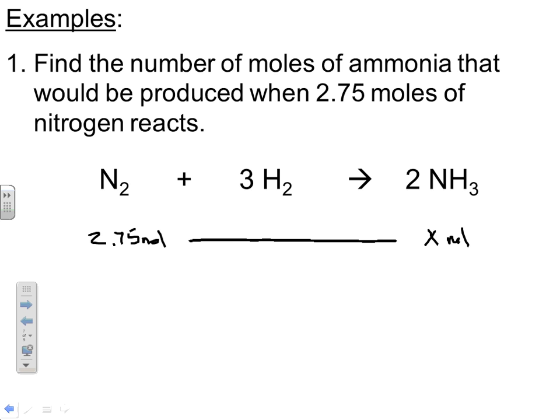I like to draw the map. What do we call this thing that we've been building all class long? Mole ratio. And we get it from our numbers. X over what? X over 2.75 is the same ratio as?